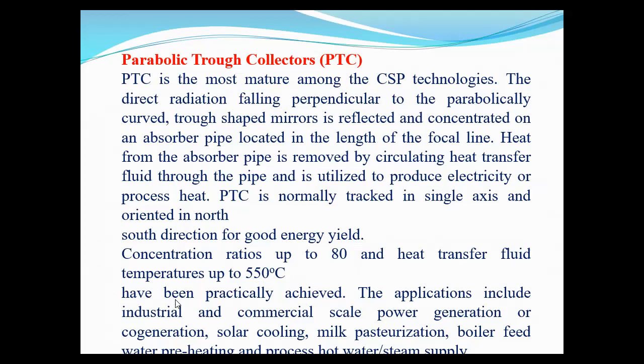And it is practically achievable temperature, and the applications include industrial and commercial scale power generation or cogeneration, solar cooking, milk pasteurization, boiler feed water heating, and other applications of steam.